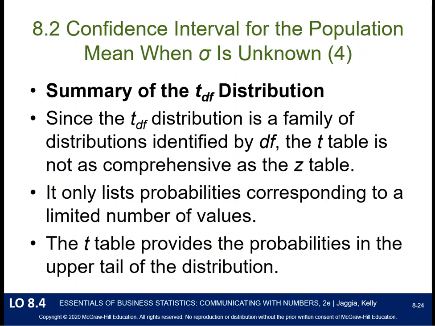You can, of course, if you'd like to; the tables are on pages 512 and 513 of your printed textbook. You'll notice that they only go to 30 degrees of freedom. But we can use Excel to calculate these if we don't have a table value.